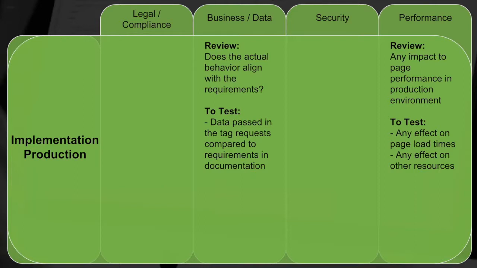And realistically, you're going to see some efficiencies when it comes to performance by leveraging a tag management system. It makes it a lot easier to delay tags from executing. So any problem tags, really large tags, you might want to delay those until after all of your page content has loaded.